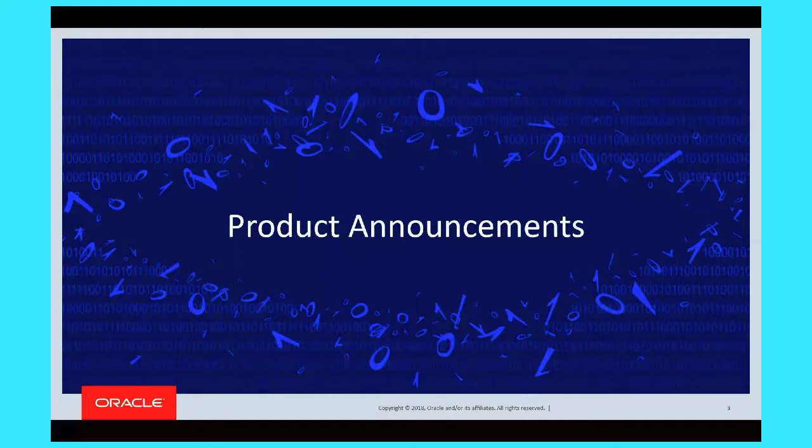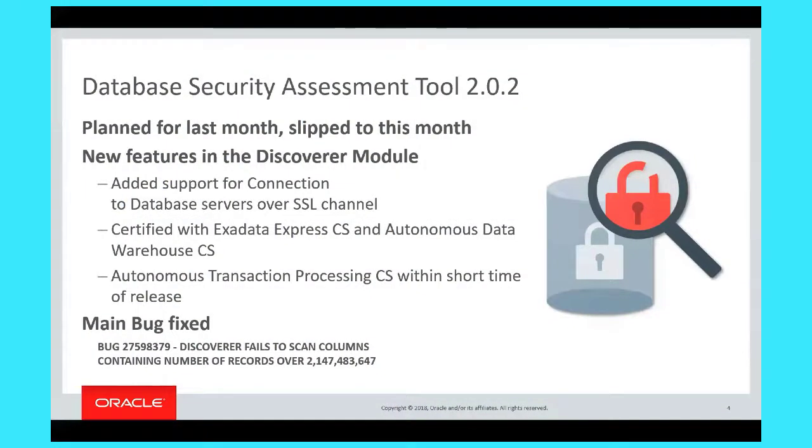From a product announcement standpoint, Database Security Assessment Tool 2.0.2 is due out any day now. We had originally planned to release it last month. We hit an issue in QA and pulled it back to fix something. It's back in QA now, and we expect it out any day. Some of the new features in this version include support for TCPS connections to the database.